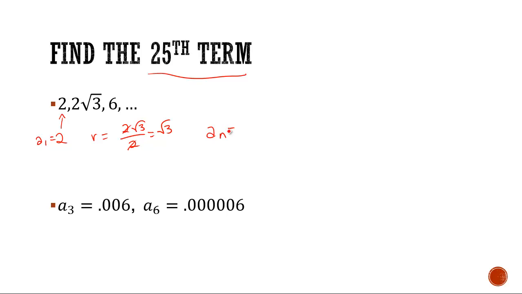So An is then 2 times √3 to the power of n minus 1. Therefore, A25 will be 2 times root 3 to the power of 24. And you can use your calculator for that. 2 times the square root of 3 to the power of 24 is this nice big number.